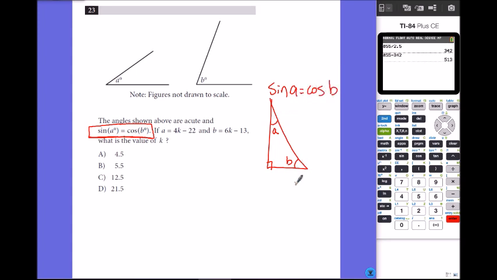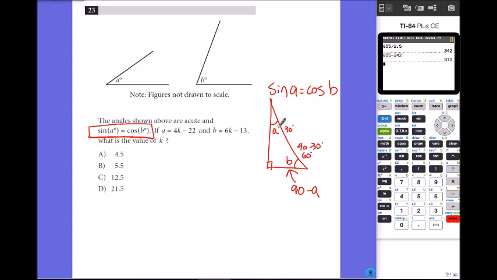So sometimes they write B as 90 minus A because a triangle needs to add up to 180, and if this is 90, then these two have to add up to 90. For example, if this is 30, B must be 60. How did we get that? It's 90 minus A, which is 30, right? And why does this work?